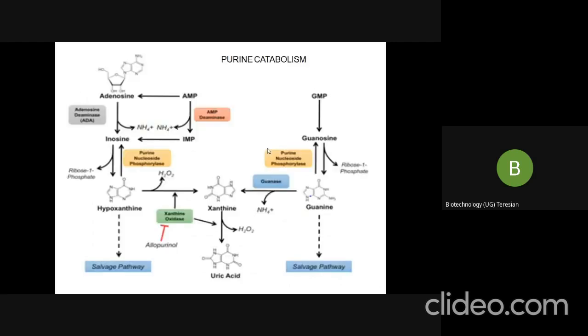You can write it in a similar form, not an issue. So we saw how the pyrimidine and purine are synthesized and how they are broken down by the enzymatic reactions which catalyze all these reactions.